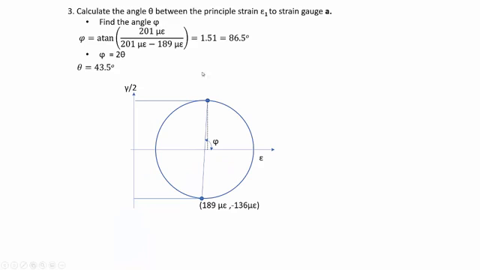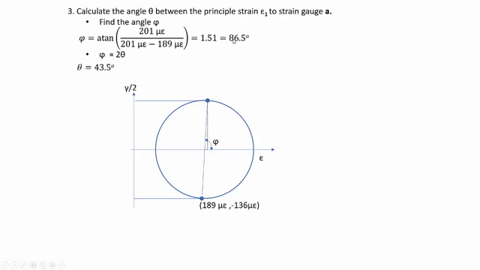Then we want to calculate the angle between the principal strain and strain gauge A. So we need to find the angle phi. With some simple calculation, we get the arctangent of 136 over 201 minus 195... that is this line, the y coordinate of this dot, and 201 minus 189, that is this small line.